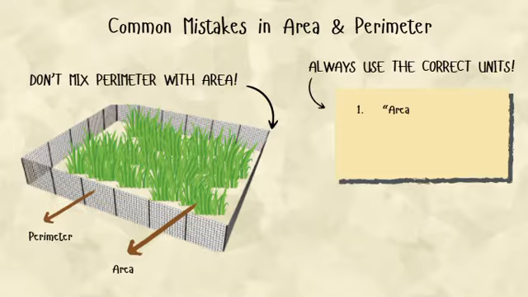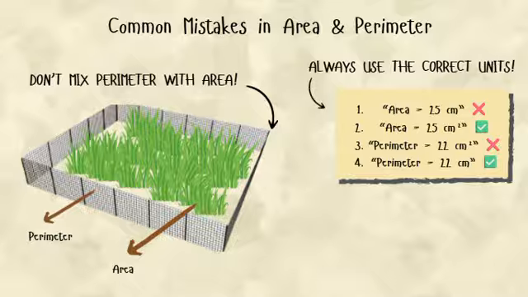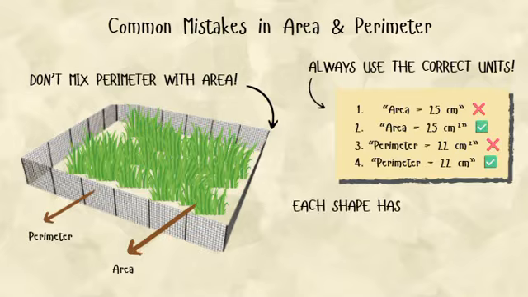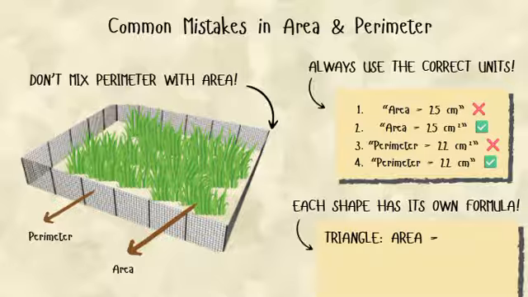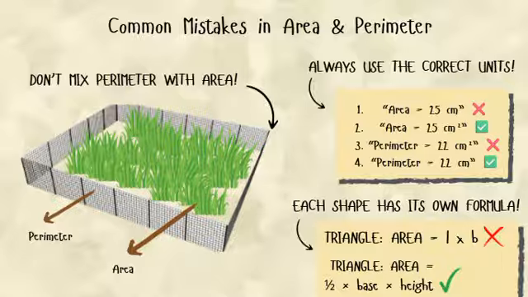Area is expressed in square units like centimeter squared and meter squared, while perimeter is in linear units like centimeter or meter. And finally, students sometimes forget to apply the right formula depending on the shape. For example, a triangle and a rectangle have completely different area formulas, so it's crucial to pay attention to the type of figure you're working with.